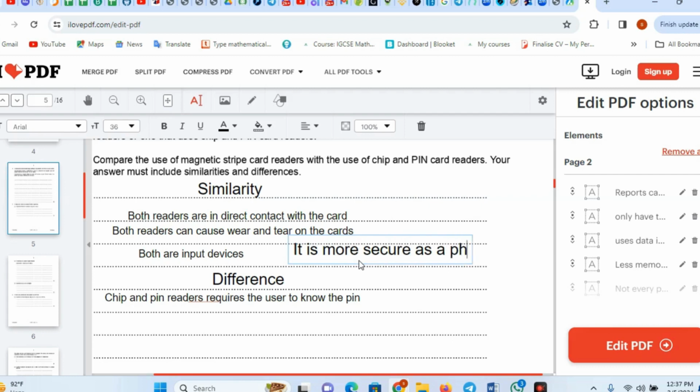Just like you use your password or security or your pin to lock your phone, so also is the security. So when you use pin, it is more secure as a pin is needed.